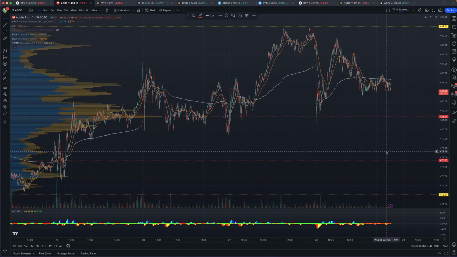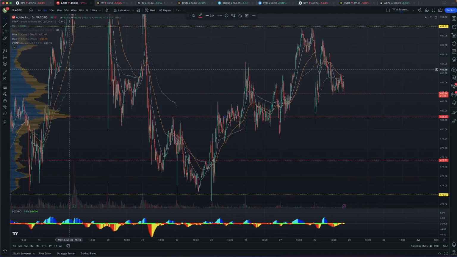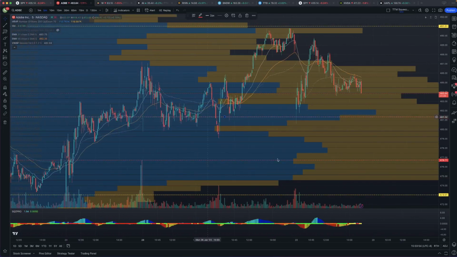Can you guys see how I did that? So that was a level that I chose way out in the 130-minute chart. And it came very close, within a few cents, to the level when I zoomed into this 1 minute chart. Okay, I can even back this out to a five minute chart to make it a little easier.